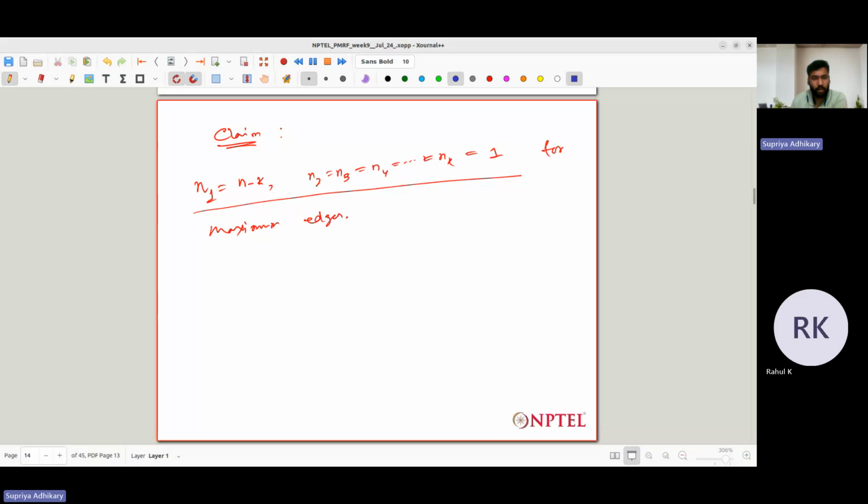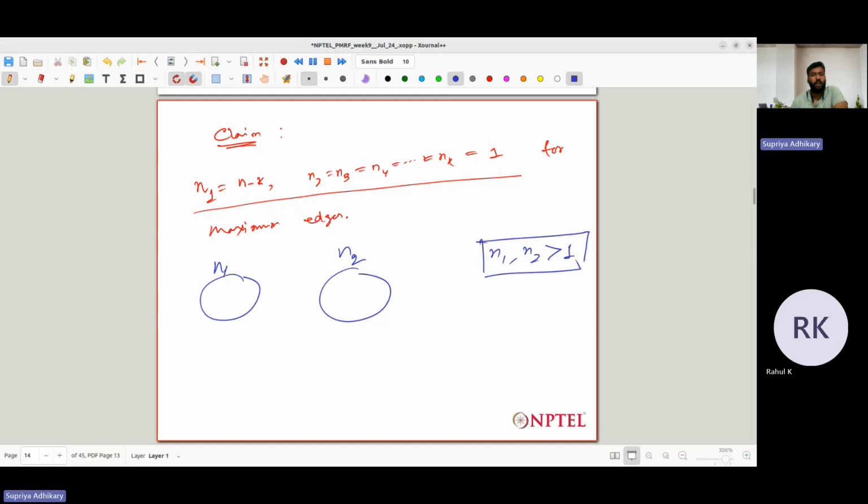Now, how can we prove this? So suppose that this is not true. Then we can say that there is some component which has n1 many vertices, and some other which has n2 many vertices, and both n1 and n2 are greater than 1.